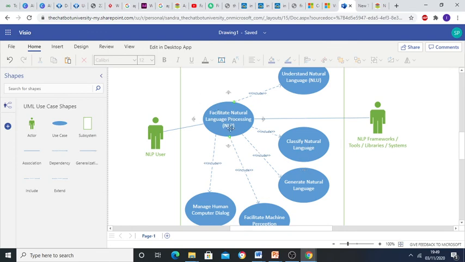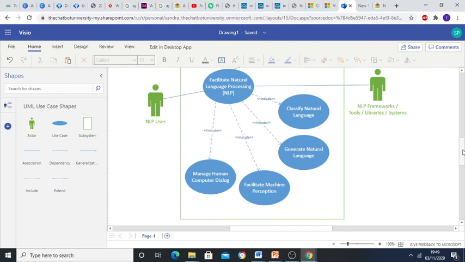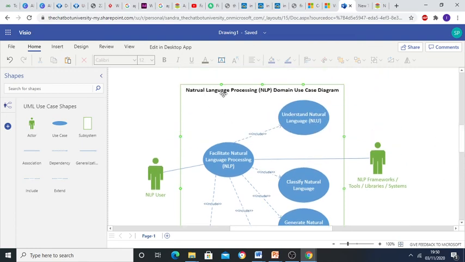As part of modeling the natural language, the machine must be able to generate its own natural language, or its own way of understanding the human language. As part of modeling, the machine must be able to facilitate machine perception. As part of facilitating natural language processing, the machine must be able to manage human-computer dialogue. All of this must be possible as the natural language processing domain attempts to realize this use case of facilitating natural language processing.